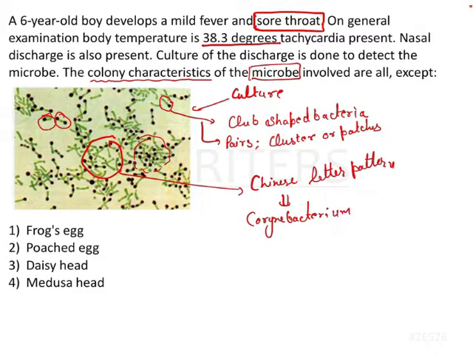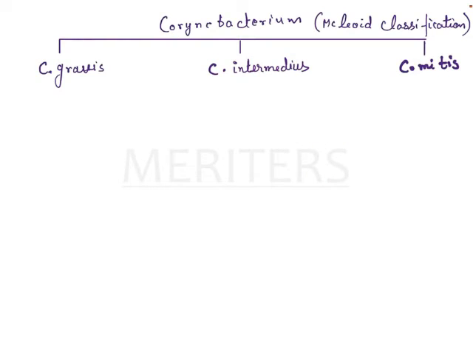Now if you talk in detail about Corynebacterium, according to McLeod's classification, there are 3 types of Corynebacterium diphtheriae which can be considered. He classified those into 3: C. gravis, C. intermedius, and C. mitis. First of all, we'll talk about the colony characteristics.